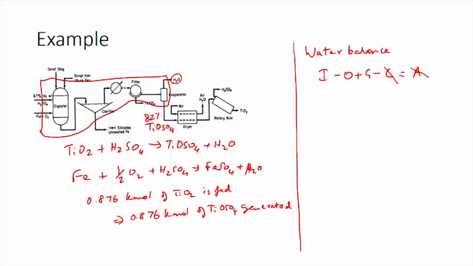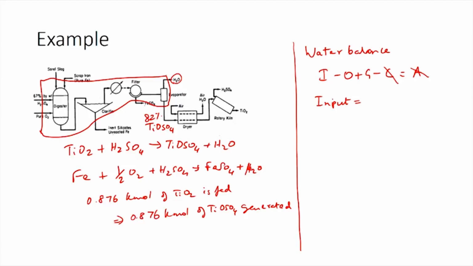So, we need to calculate the output through the water vapor stream. So, this output has two streams, one is your TiOSO4 slurry stream and the other is your H2O stream which is the water vapor. So, input water needs to be calculated first.